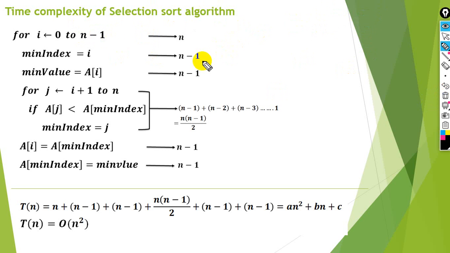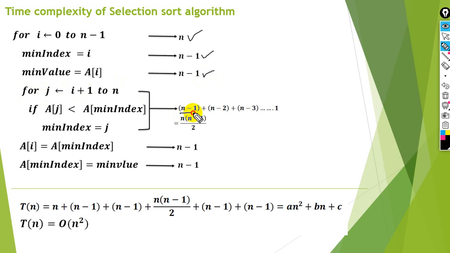You got this, okay. Next, j is equal to i plus 1.